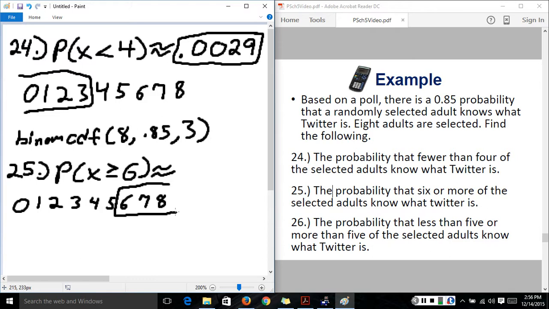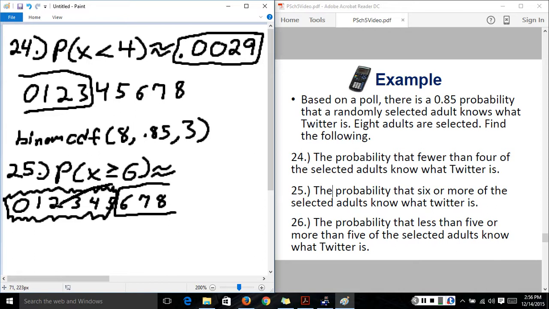Well, I can do binomial PDF of 6 successes, 7, and 8, and add them all together, and I would get the correct answer. You think of a faster way, or maybe a way with fewer steps? There is another way to do that. If I take a look at the stuff less than 6, those are the things I don't want.